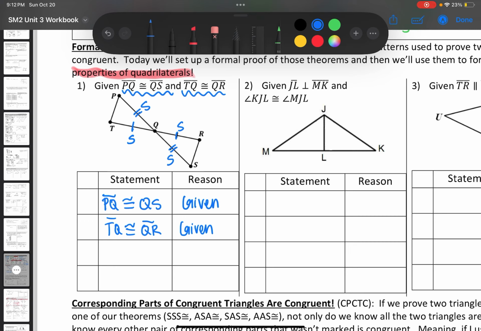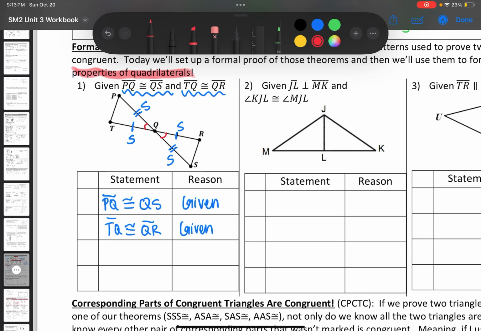So we have to do some digging here. Let's see if we can find any angles that are congruent, any sides that are congruent. I don't know if PT and QR are congruent, so I can't use that. But what I do see here is that 2 angles are congruent. I know that this angle and that angle are congruent.